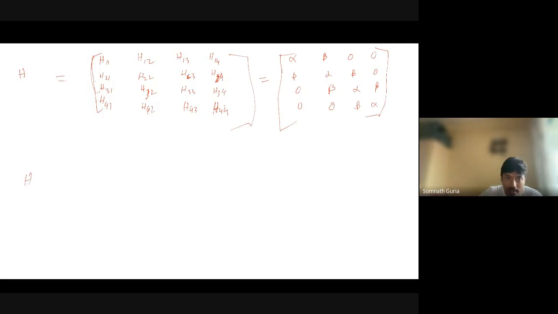So here we can say H equals alpha into I plus beta into a matrix whose values are 0 or 1. Where the beta is there, that entry will be 1, and for the alpha, as in the identity matrix, only the diagonal value is 1, so the others are 0. So the beta positions are 1 and the rest are 0.